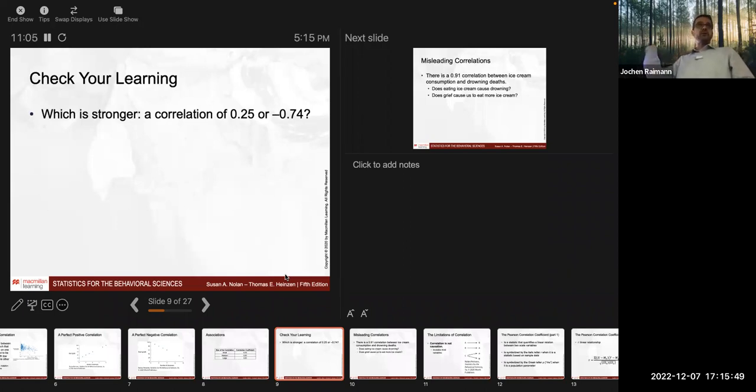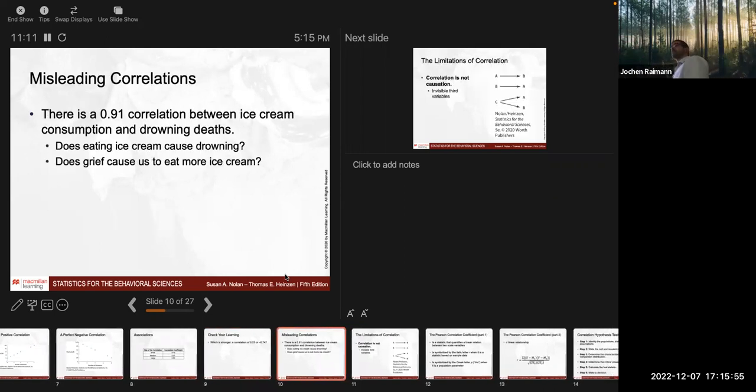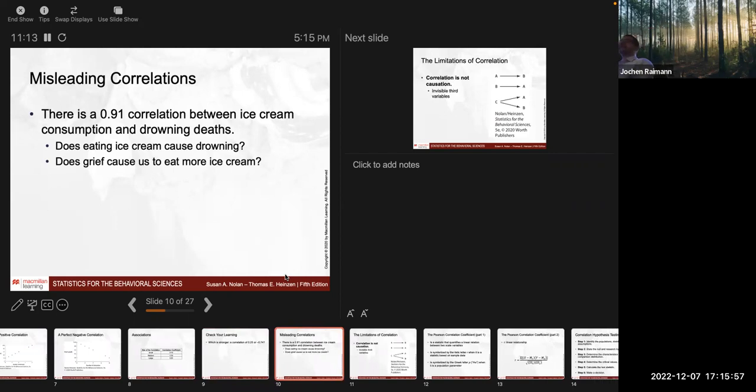Exactly. It's the absolute value that determines the strength. Perfect. Thank you. So it's really simple, right? That's the beauty about correlation and regression. Regression gets a little tougher when we're actually building the function. But essentially, conceptually, it's a super easy test, and it's super insight-focused in research.